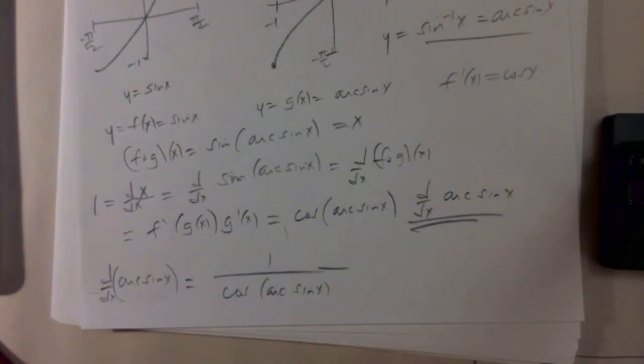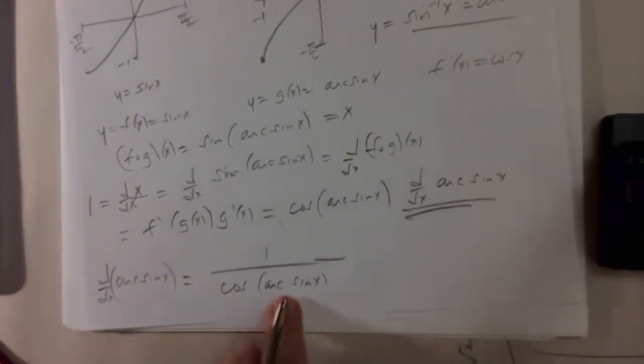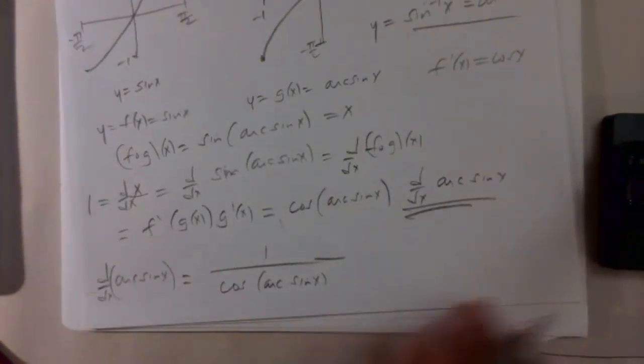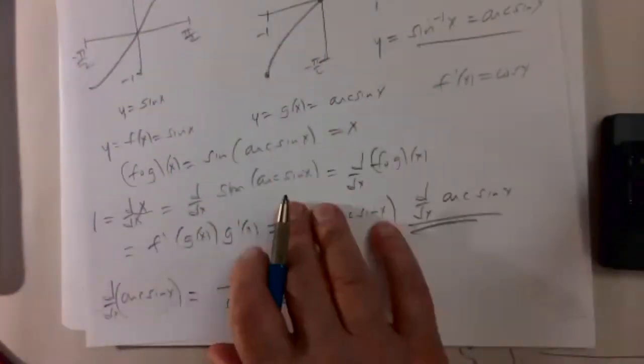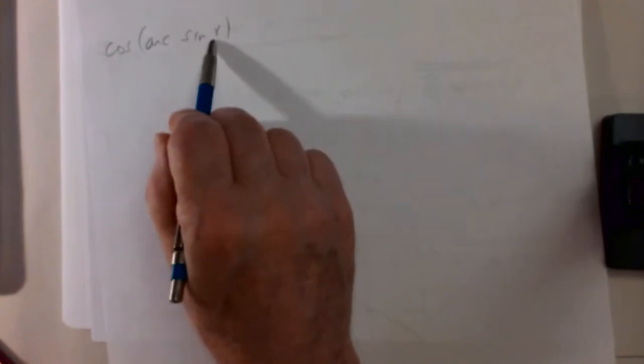That looks a little bit complicated, and we can use some elementary geometry to find a nicer expression for this. So I want to find the cosine of the arcsine of x. So this means find the angle. So arcsine of x is the angle whose sine is equal to x.